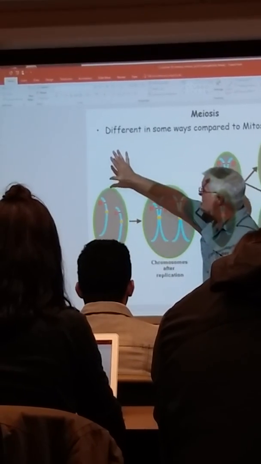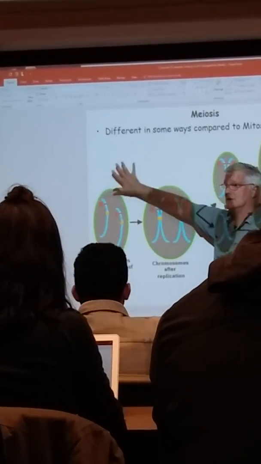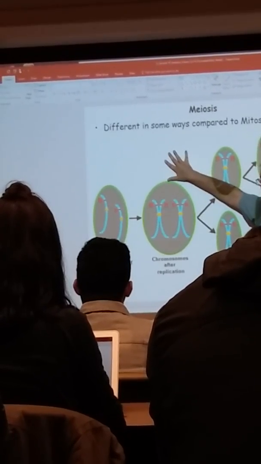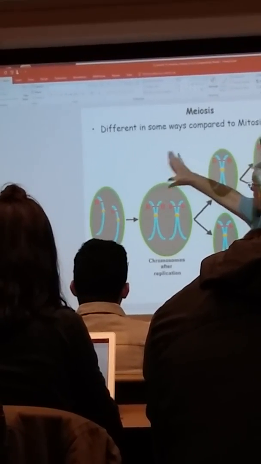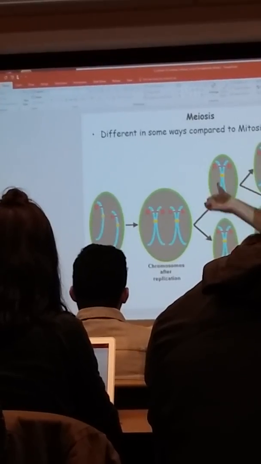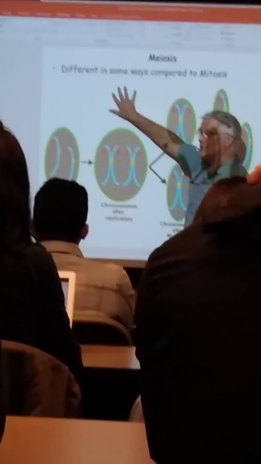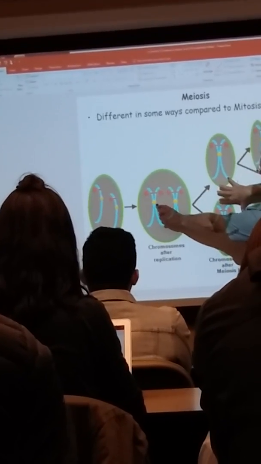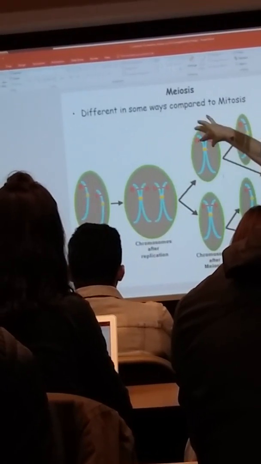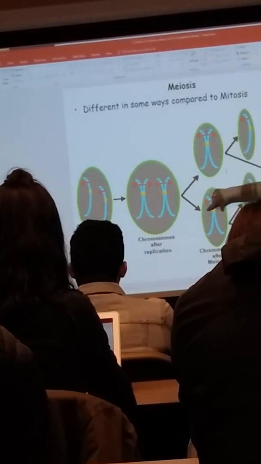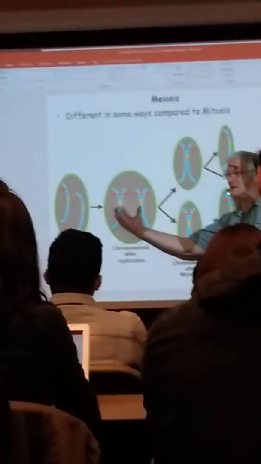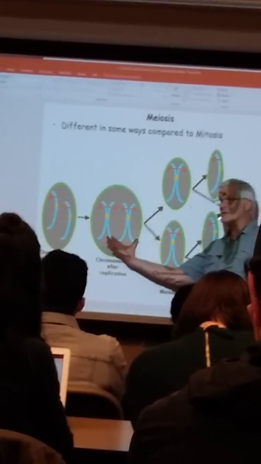If this was 46 chromosomes, right, this now gives me a total of 92 chromatids. We go through the first round of meiosis. We take 92 and we're going to split the homologous pairs. Right? Moms went up here and dads went down here. We didn't separate the chromatids. We separate the homologous pairs.